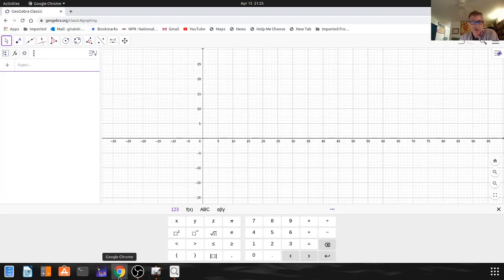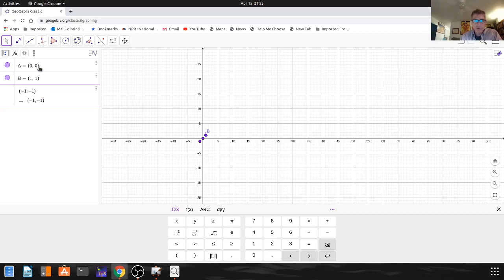Let's go over to GeoGebra, and let's plot the origin, 0, 0. Got it. Now let's plot 1, 1. Let's plot minus 1, minus 1. Now let's plot 8, 2. And now let's plot minus 8, minus 2.